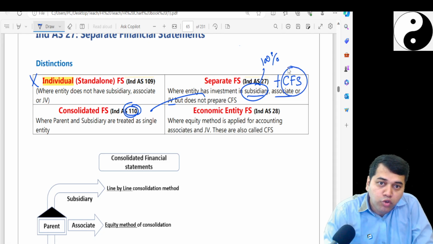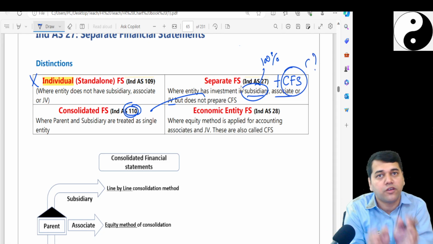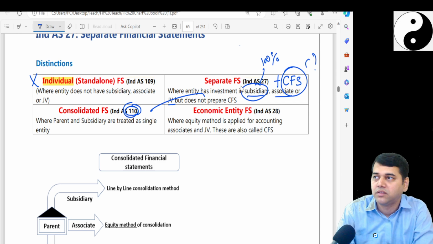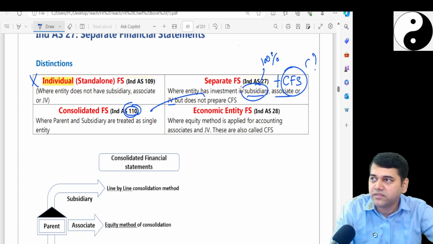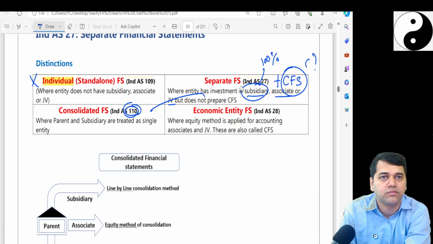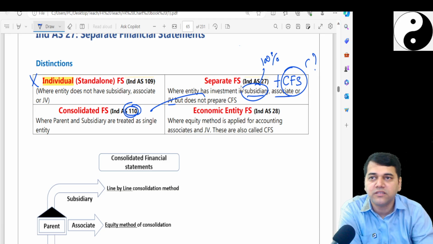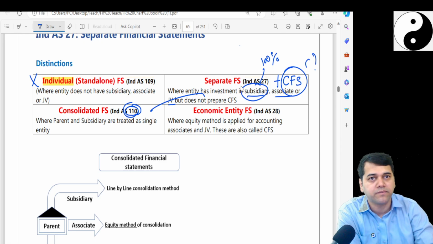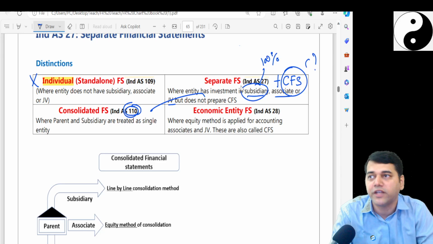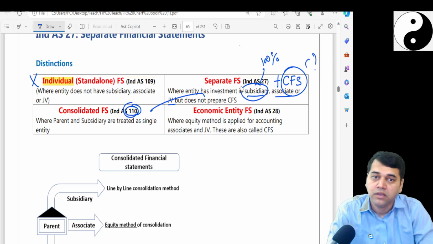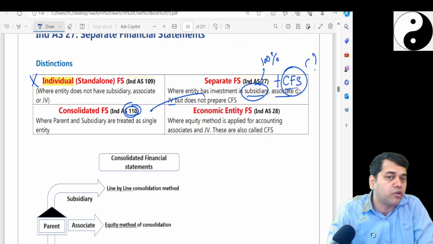How do you prepare CFS? That is the question. First of all, you have to prepare standalone or separate. You can call it by any name. If you don't have any subsidiaries, it's called standalone. If you have subsidiaries or associates, it's called separate. The difference between the two is that in separate you have an option to value at cost. Along with this separate, you have to always prepare CFS.